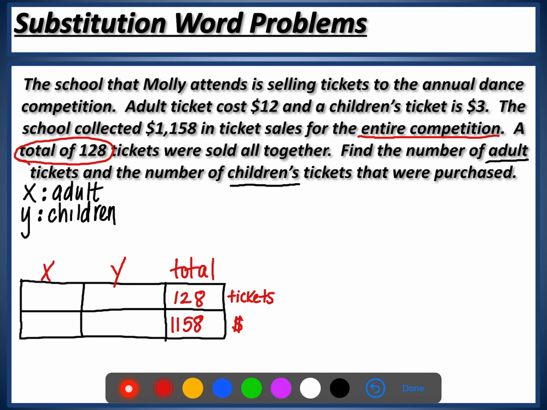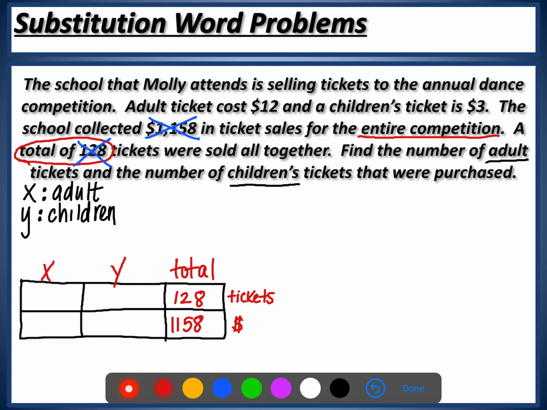Okay, so now when we fill in our X and our Y, the first row is going to be numbers that correspond with tickets, and the second row is going to be numbers that correspond to money. Okay, the money one is probably the easiest. And once we've used a number, okay, it's gone from the problem.